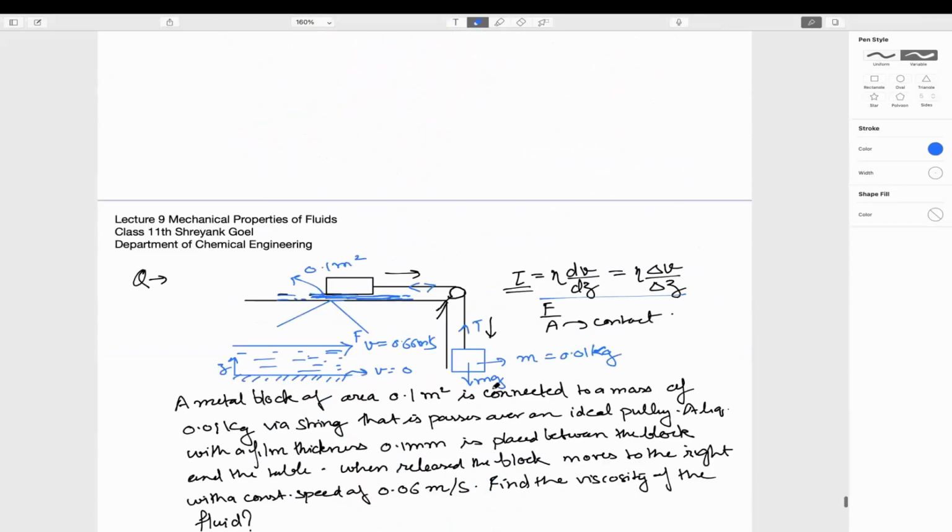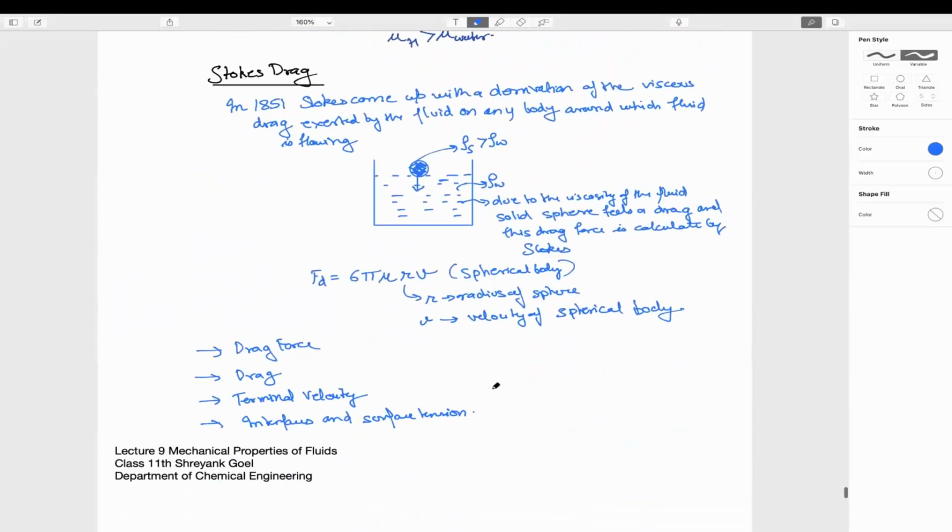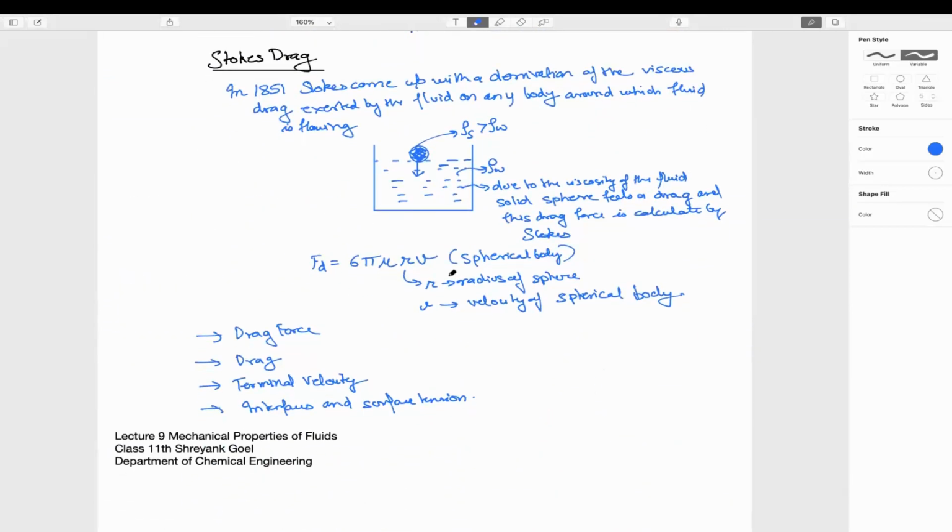Now let's come back again. So I will remind you of the Stokes drag. Stokes drag tells us about the friction that a body feels when it is moving in any fluid, whether it's due to gravity, electric field, whatever it is, but it feels a drag, and that drag opposes the motion of this body.